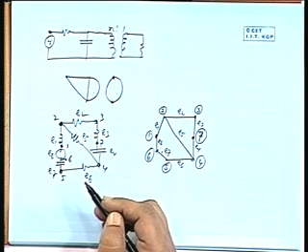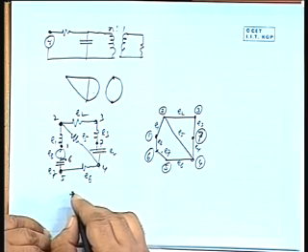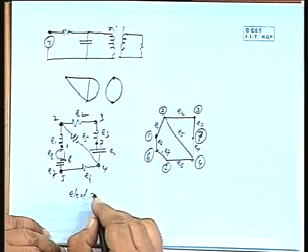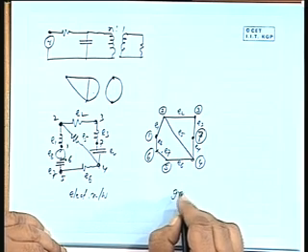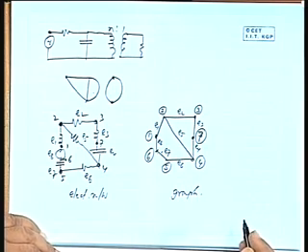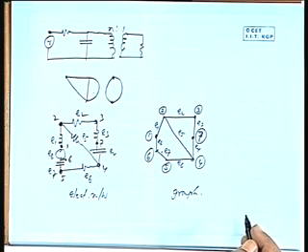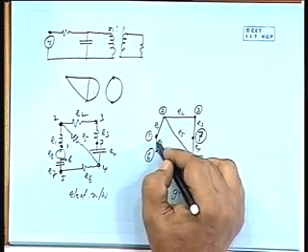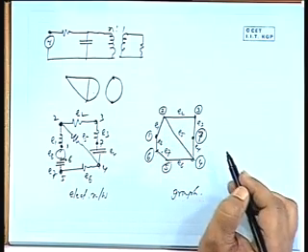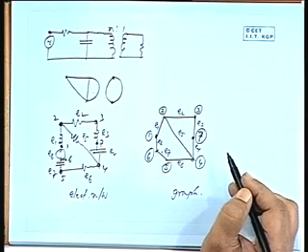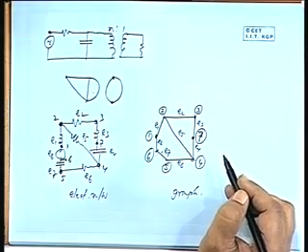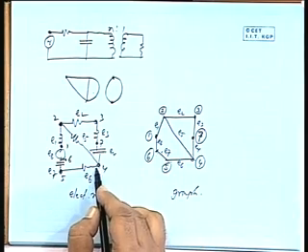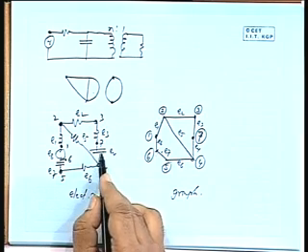Okay. So, this is the electrical network and this will be its graph. So, these are the nodes and these are the edges. Okay. A degree of the node 4 will be how much? 1, 2, 3. Okay.